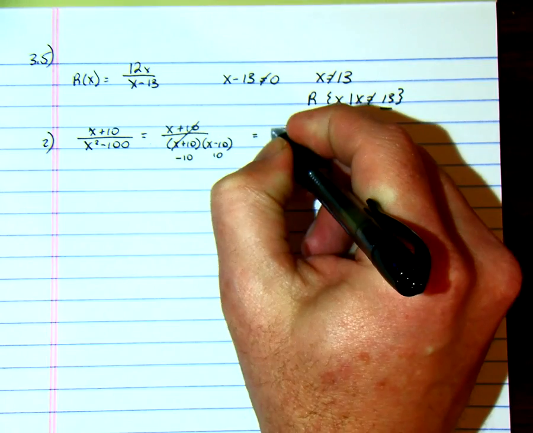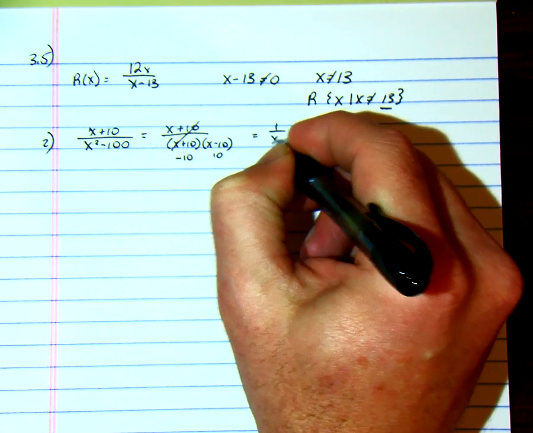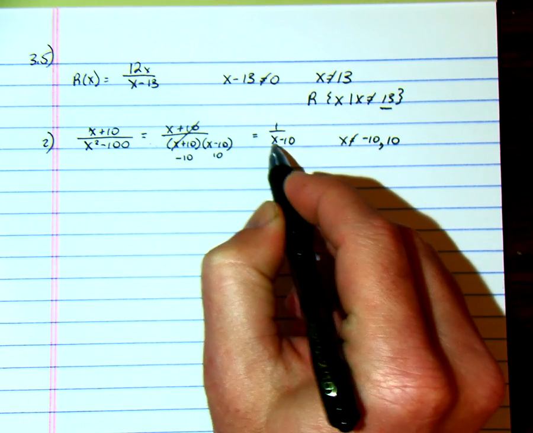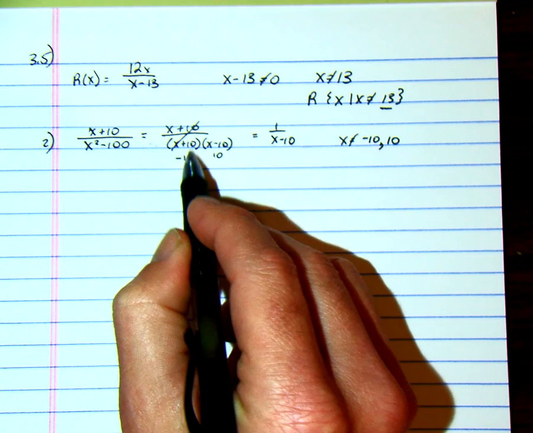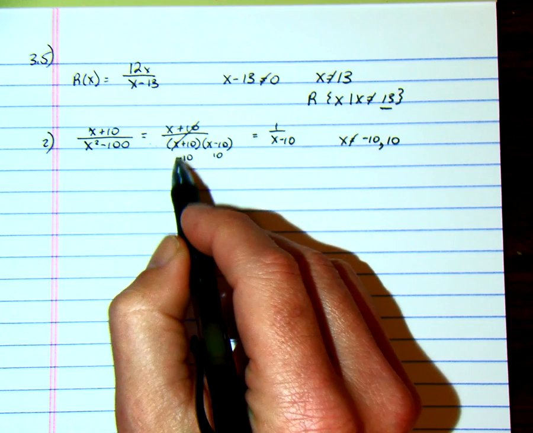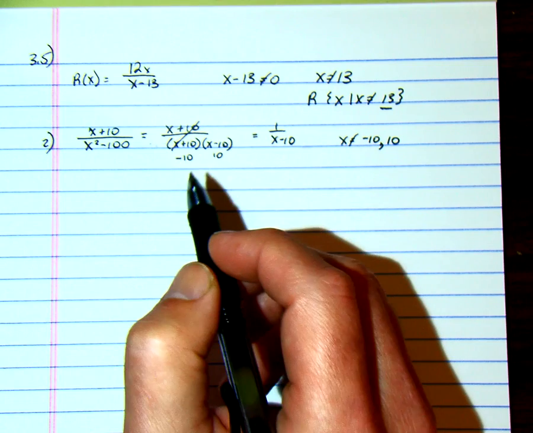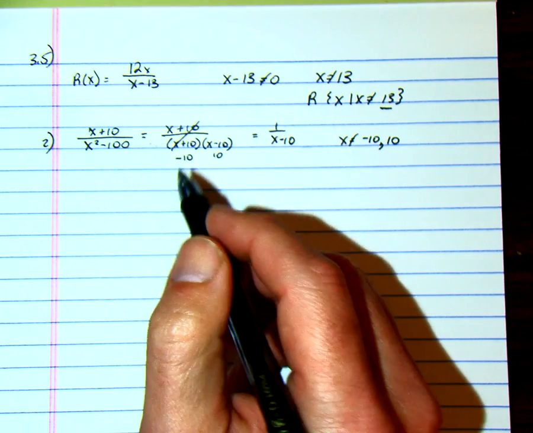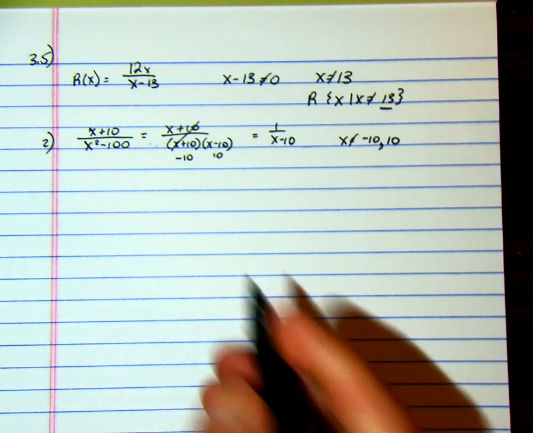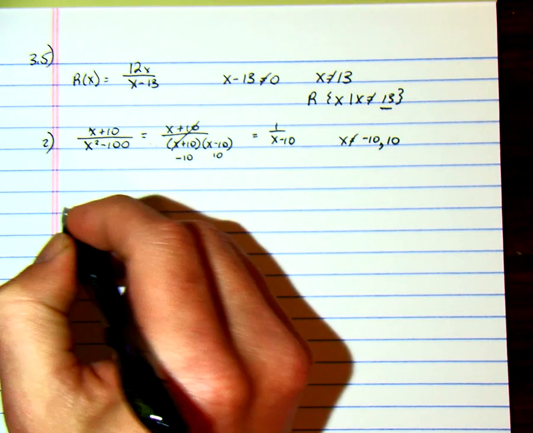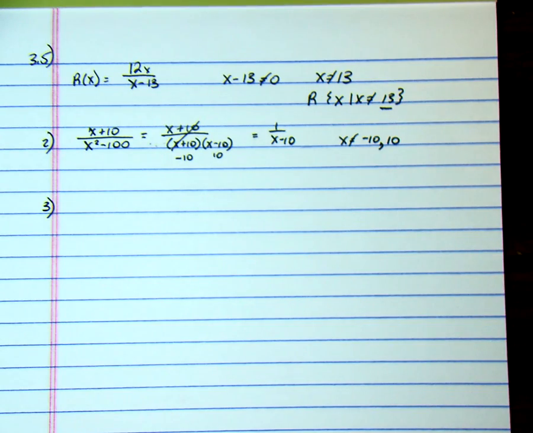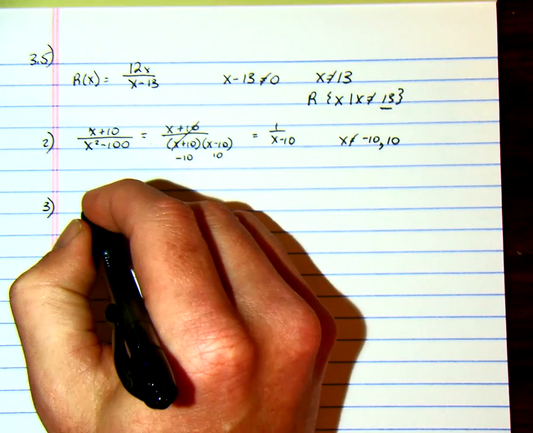And so my final expression simplifies into 1 over x minus 10. So I can see I'm still going to have a vertical asymptote at 10. However, negative 10 is also going to be included, but when we see a graph of that, we would see a hole at negative 10, just a spot where that graph doesn't exist. It's not going to be an asymptote where the function is going to approach the asymptote but not cross. Okay? So again, you don't have to know that now or for that problem, but down the road we're going to see that. Okay? Again, this is all about domains.